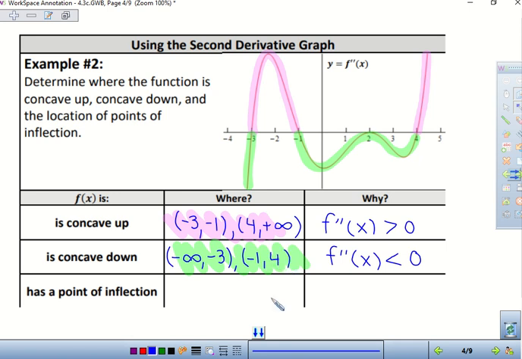So, points of inflection occur when the concavity does what? Changes. So it just so happens when you have the second derivative, typically when you have the derivative of the thing you're analyzing, it's going to occur at the intercepts. Okay, because that's where things change, right? So we have a point of inflection here, here, and here.